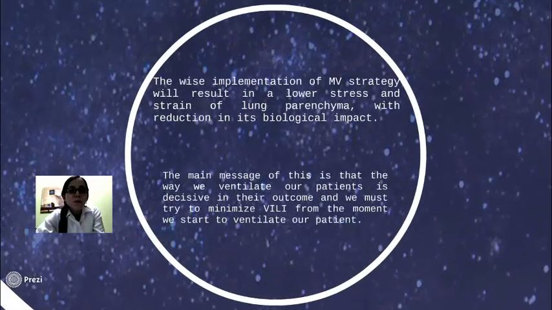So, the wise implementation of MV strategy will result in a lower stress and strain of lung parenchyma with reduction in its biological impact. The main message of this is that the way we ventilate our patients is decisive in their outcome, and we must try to minimize VILI from the moment we start to ventilate our patients.